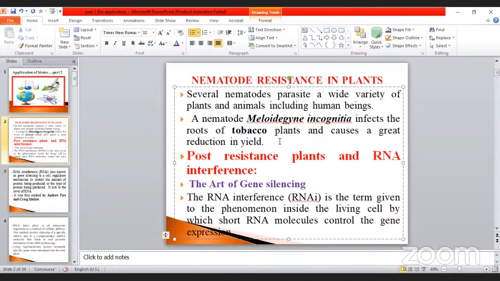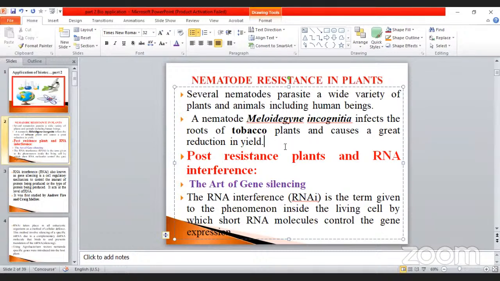In our board, there are 60 alkaloids present even in a single piece of tobacco plant. Already studied in tobacco, under the drugs category. The nematode causes a great reduction in yield.